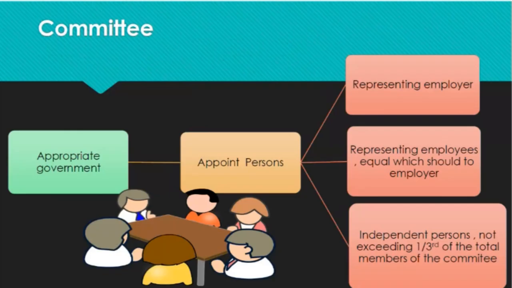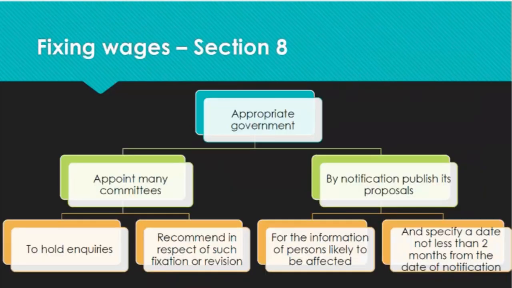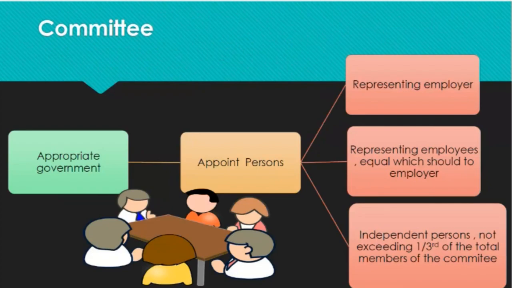So this committee, who will be in it? Committee will have representatives of employers, representatives of employees, and independent persons not exceeding one third of the total members of the committee. So one third will be representing employees, one third will be representing employers, and one third will be the independent persons.